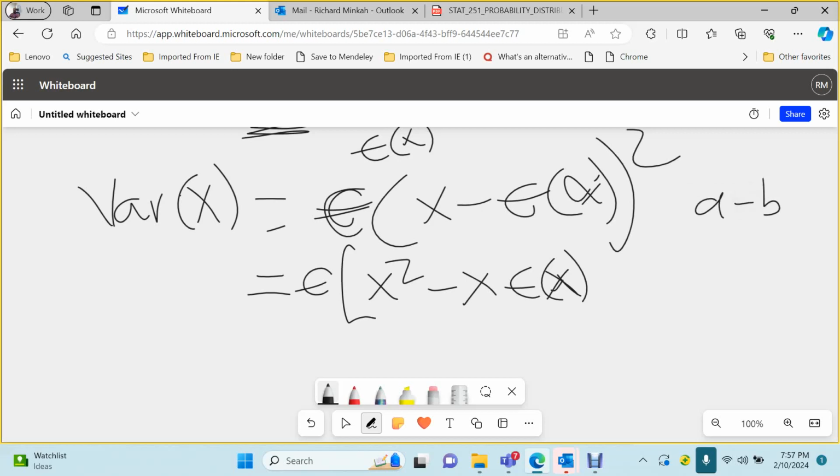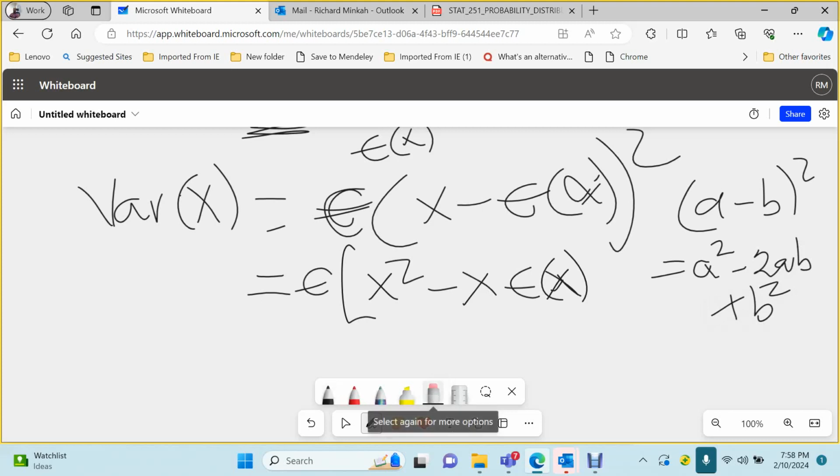So essentially, you have a minus b all squared. What is this equal to? a squared minus 2ab plus b squared. That's the same thing I'm trying to do over here. So we can do so.